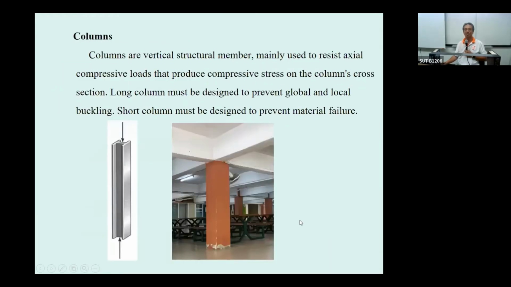And then next, we come to the structural member that is vertical and subjected to axial compressive load. For example, I took this column from the Salaloy canteen.